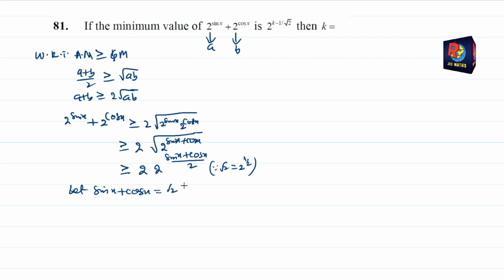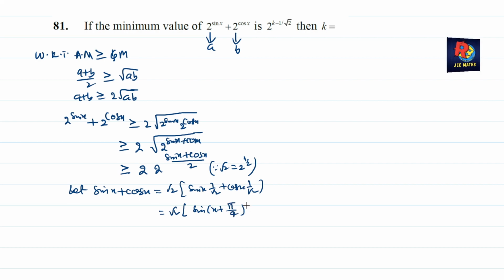If I multiply by root 2, then it will be sin x into 1 by root 2 plus cos x into 1 by root 2. So root 2 into that will be sin of x plus pi by 4, using the formula sin a cos b plus cos a sin b.